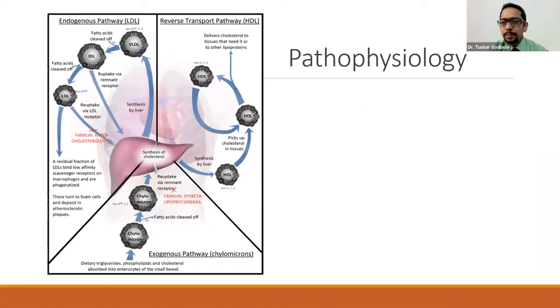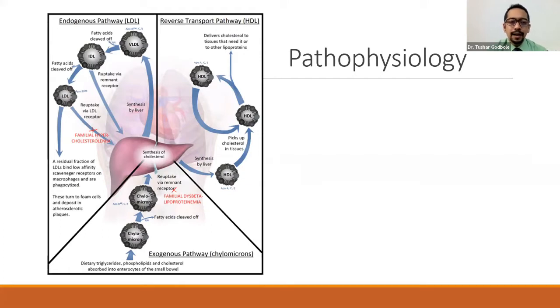So there are two important targets that we must understand in the pathophysiology. One is in the exogenous pathway, where the chylomicron remnants are taken up by the liver using the remnant receptor. So if the remnant receptor is faulty, or there is some problem in the subcellular pathways of these receptors, some mutations, then you have piling up of the chylomicrons and thereby the triglycerides in the circulation, thus giving rise to hypertriglyceridemias.